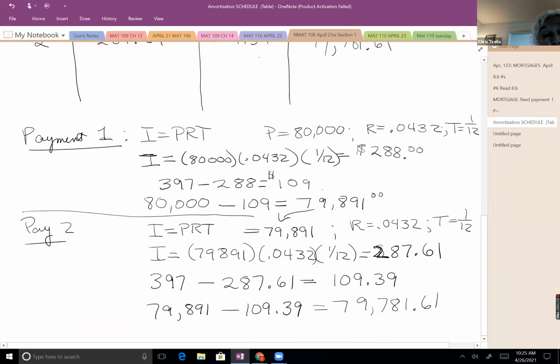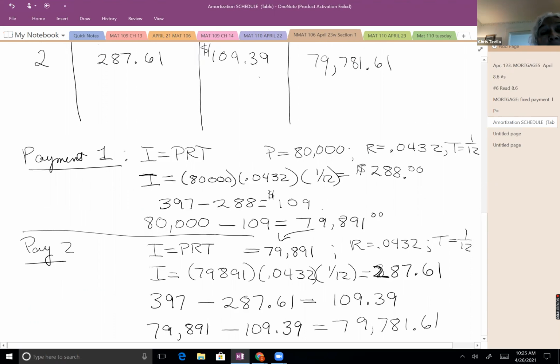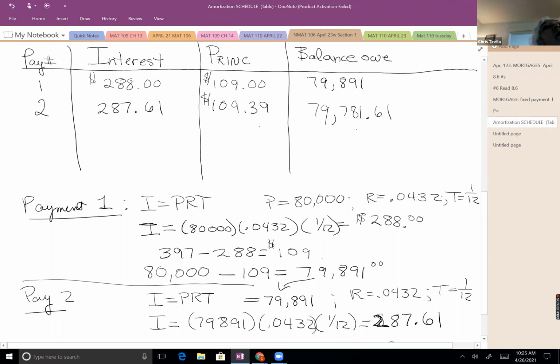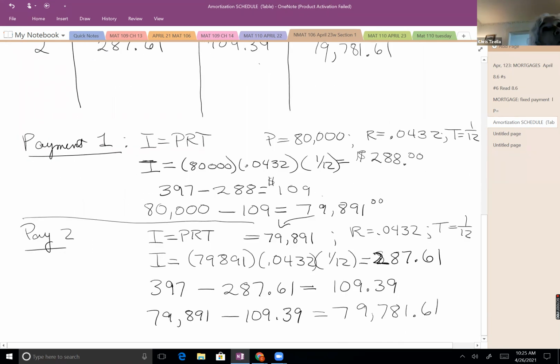And so in any given month, if instead of paying that $397, you paid more, you paid $500, you paid $600, that interest that's taken out would be what it would be for that payment, and the rest would all go to the principal, and the principal would go down in a bigger jump, which means the next month the amount that's interest will be reduced by that much more. Does that make sense?